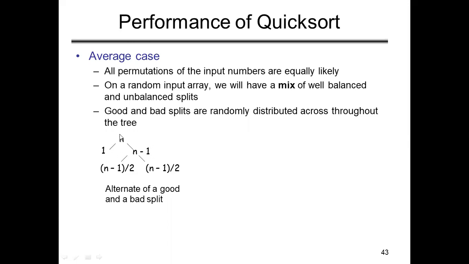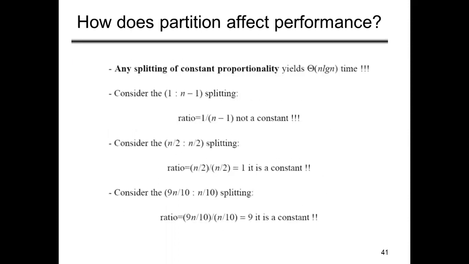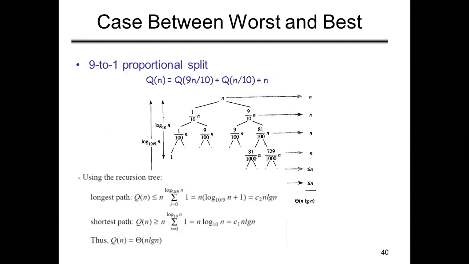This is the worst case. But then we divide n minus 1 again into half and half. This is the first case, this is the second case. Half and half means best case, and n minus 1 means worst case. Just check the diagram here.